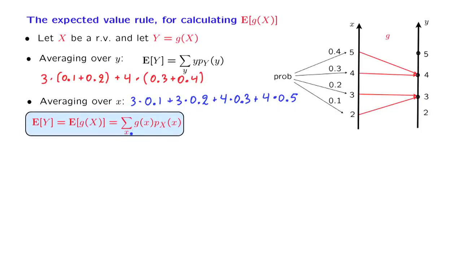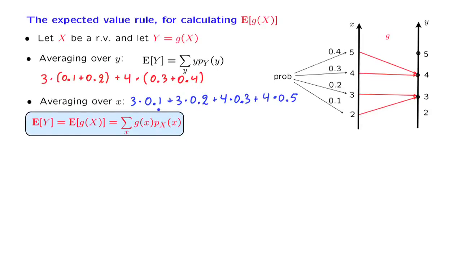We carry out a summation over the x-axis. For each x value that we consider, we calculate what is the corresponding y value, that's g of x, and also weigh this term according to the probability of this particular x. So, for instance, a typical term here would be when x is equal to 2, g of x would be equal to 3, and the corresponding probability, that's the probability of a 2, would be 0.1.